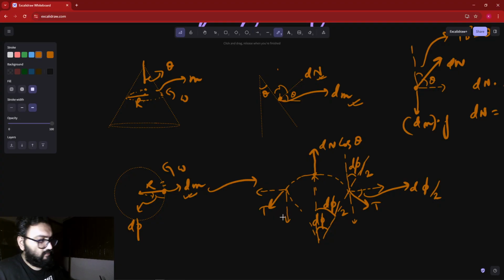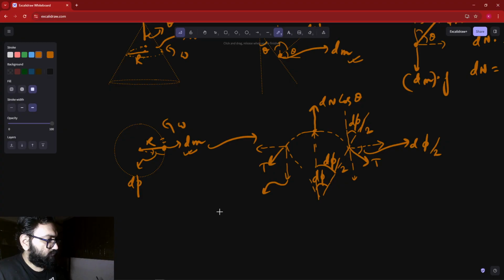So if I look at the first component, it is going to be equal to t sine of d phi by 2.